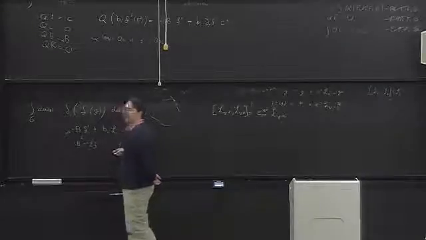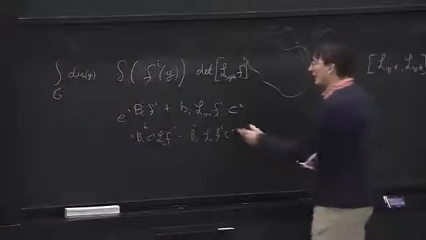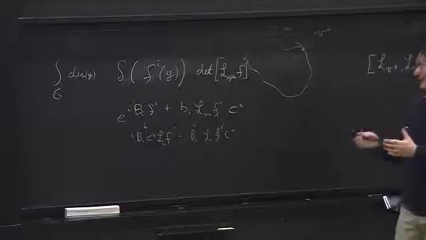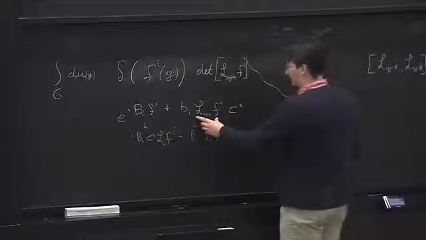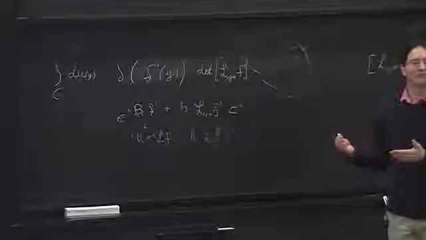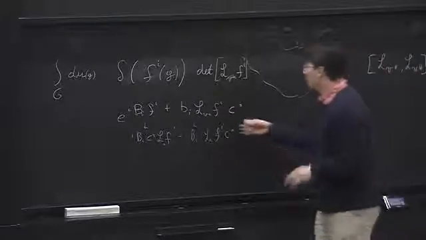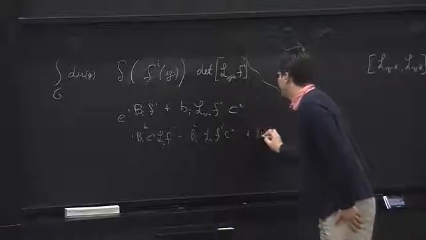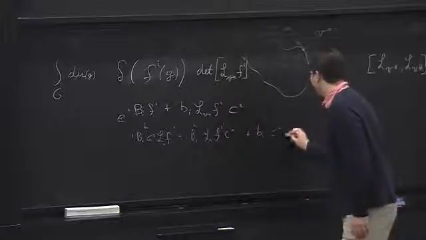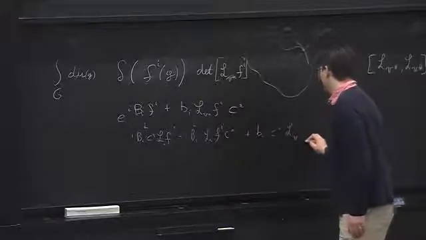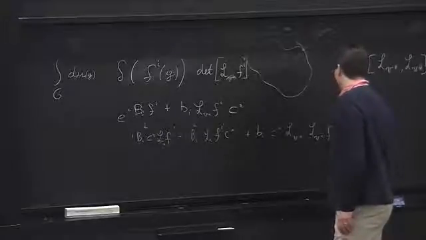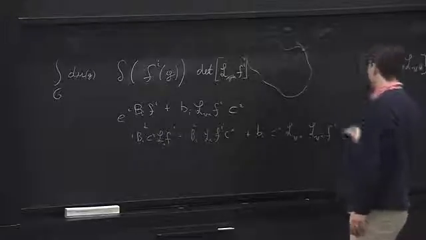So that's good. This cancels out. I'm almost happy, except that now the Lie derivative itself, the Lie derivative of f_i also transforms, right? So I get something like b_i, and then c^u, Lie derivative of V_u, Lie derivative of V_a, f_i, c^a.